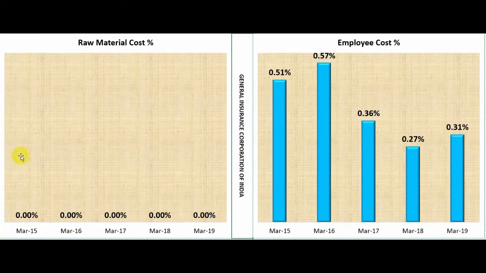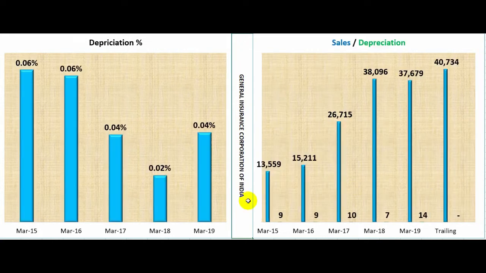The company doesn't have any raw material cost, as it is into service business and it's not into manufacturing. Employee cost is also very low. This is as a percentage of the sales. In March 19, the employee cost was even less than 1% of the total sales.